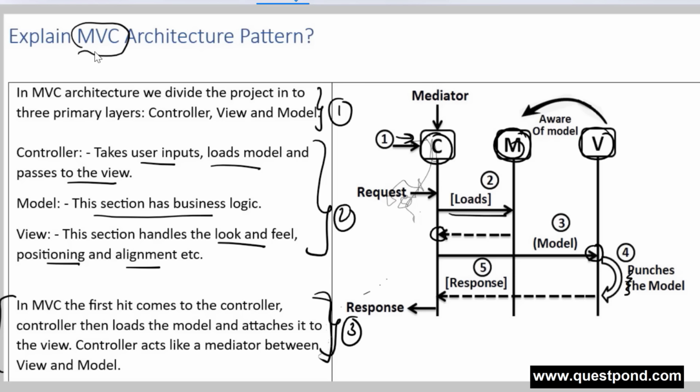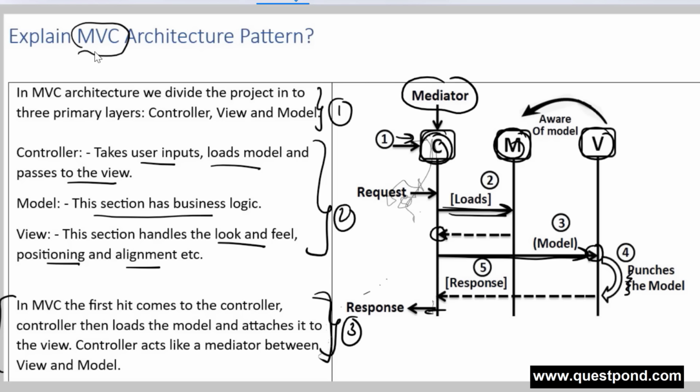It says, okay, stick this data here, stick that data in the div tag, bind that grid. And then finally the response comes out. So remember that in the case of MVC, the first thing which hits is the controller. The controller loads the model, and then that model is passed to the view. So the controller is like a mediator, like a traffic police between these three things.